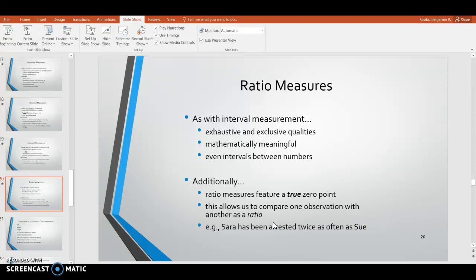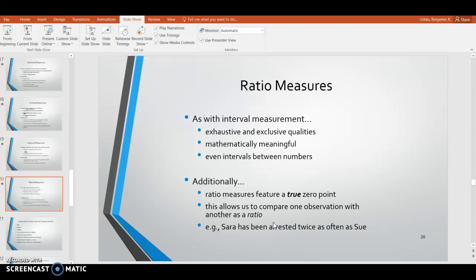Interval level variables, you can rank order them, you can do math with them, but there is no true zero, so you cannot do ratios with them. And of course, ratio measures have all those qualities: you can rank order, you can do math, meaning there's a mathematical property, and there's a true zero. Subsequently, you can make ratios, such as one thing is 50% higher than another thing, and so forth.